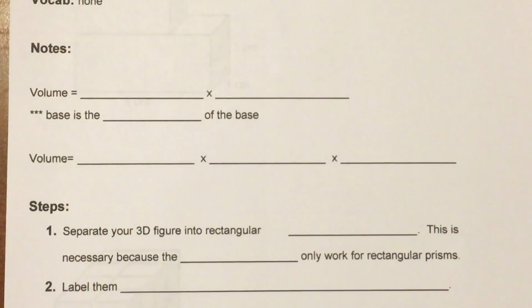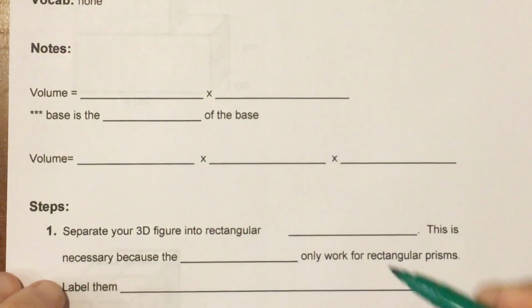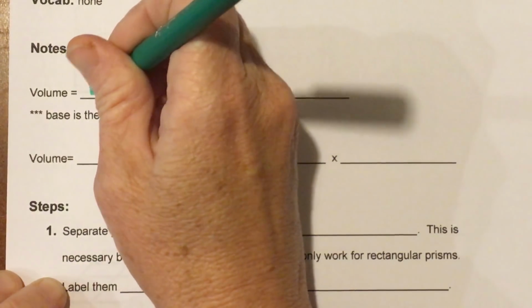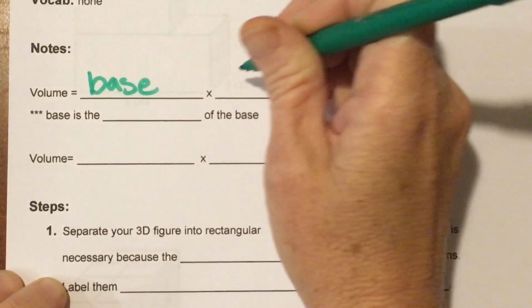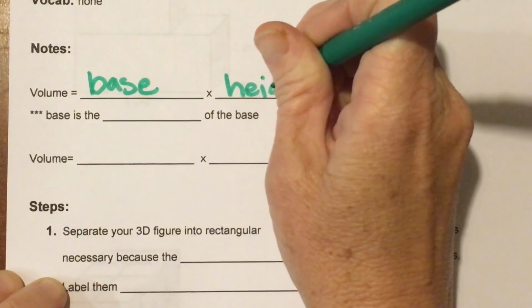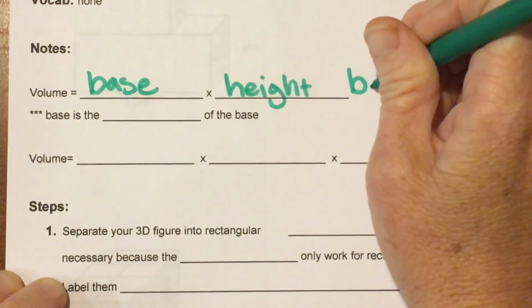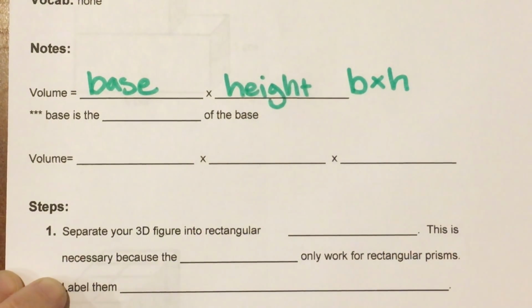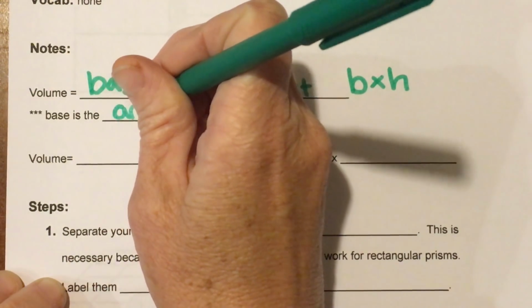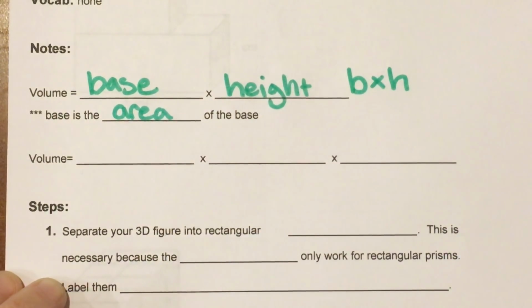So we had two formulas that we've been using for volume. The first formula we've been using is called base times height. And when we've been writing this, we've been saying B times H. Remember, base is the area of the base.